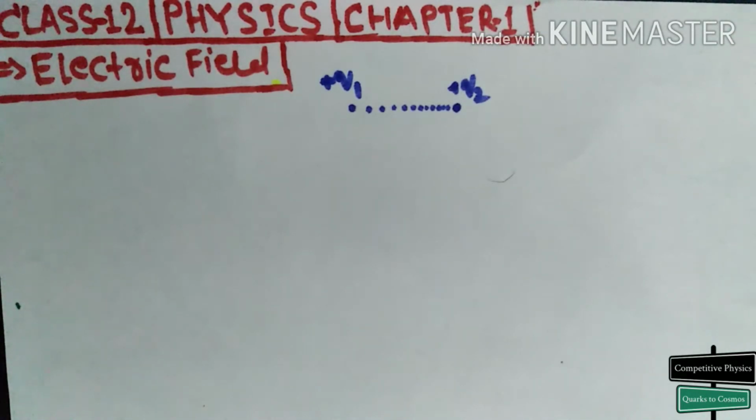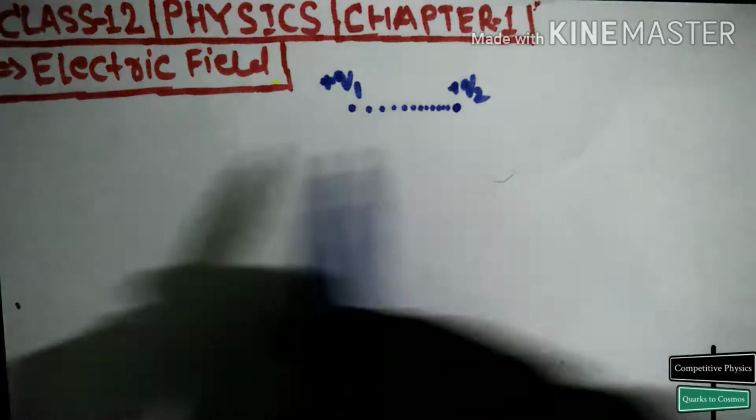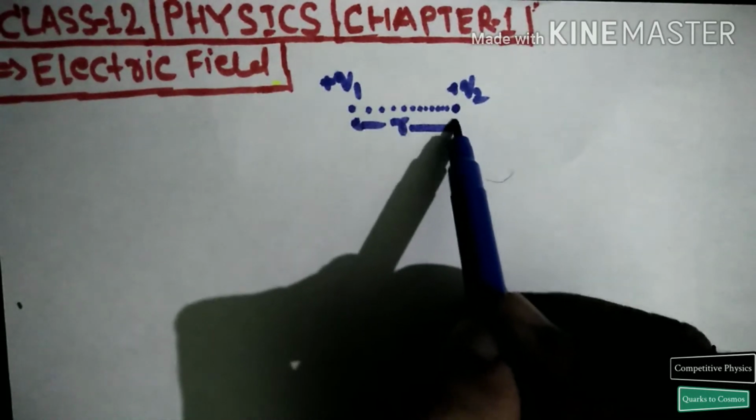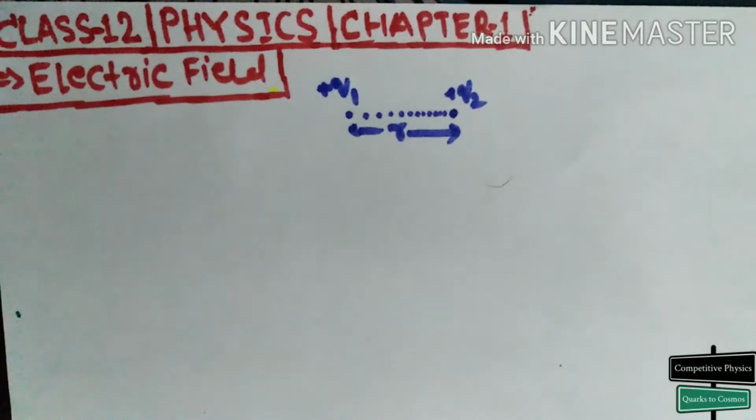A natural question arises: how is electrical force exerted when charged particles are separated? You know that these two charged particles are separated, suppose at a distance r. So the question is, how does particle 1 know of the presence of particle 2?